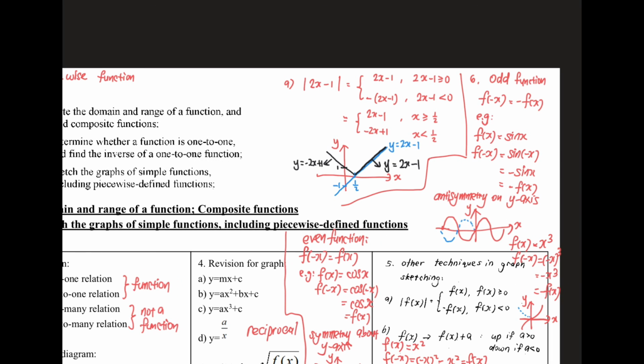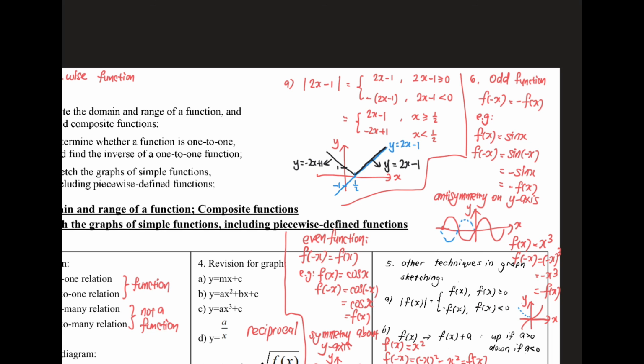something like this. They will give you f(x), then it is equal to a particular function for a particular interval, and after that it will equal another function for another interval. So that is a piecewise function.